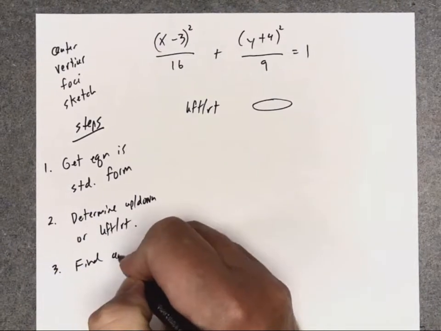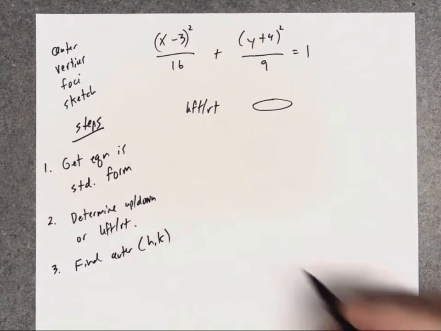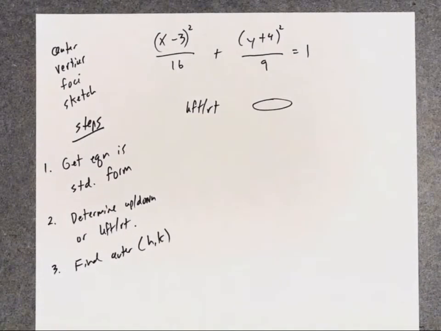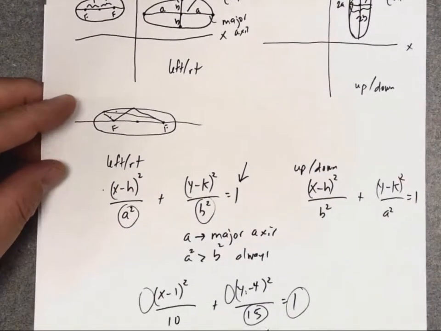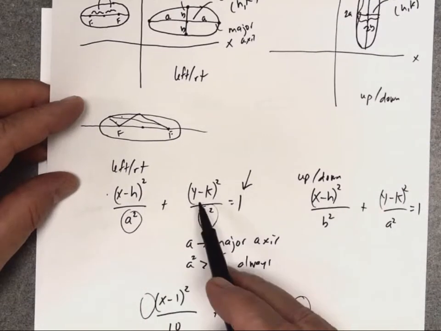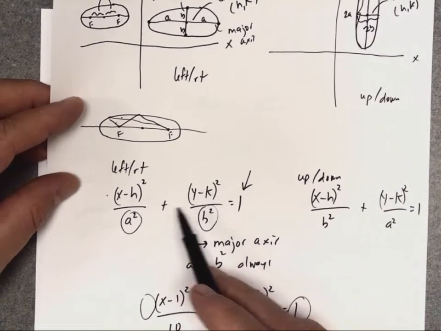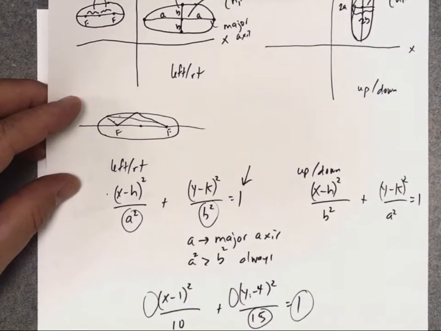Third step, once you're in the standard form, find the center, which is (h, k). Just like in the past with circles and even parabolas, if I go back to standard equations, it's very important you notice it's x minus h, y minus k for both ellipse equations.